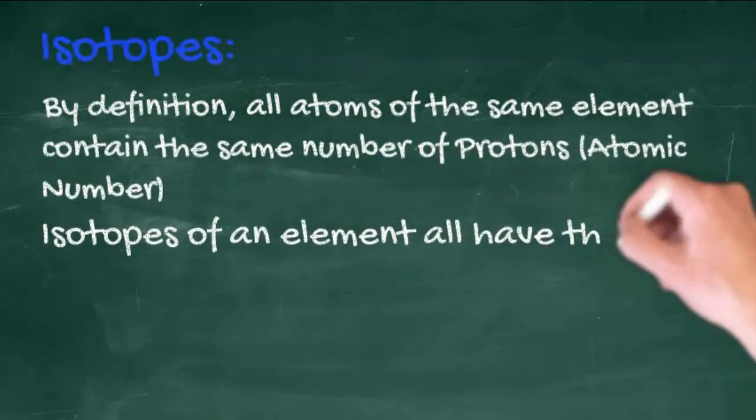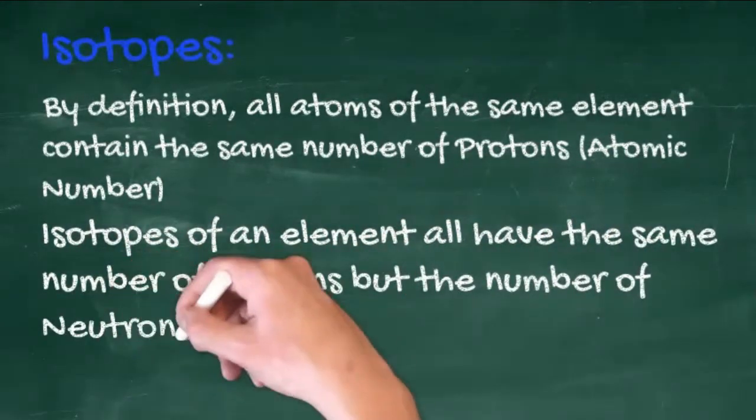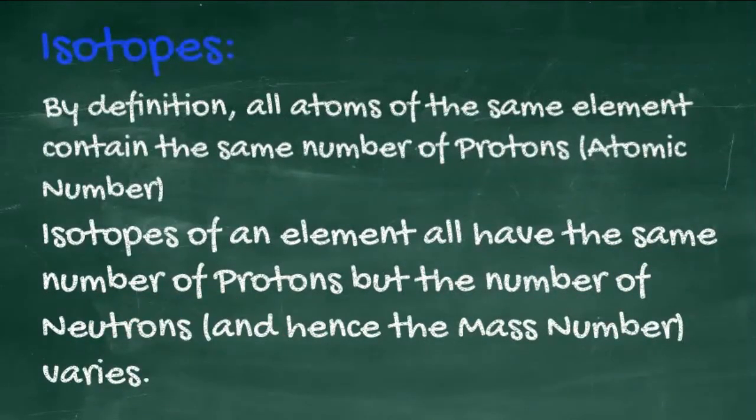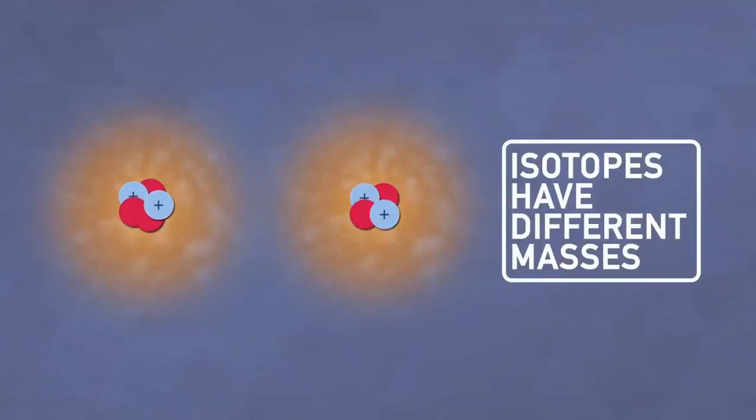Isotopes of an element have the same number of protons, but the number of neutrons, and hence the mass number, varies. Isotopes of an element are atoms with the same number of protons but different numbers of neutrons. As a result, they have different masses.